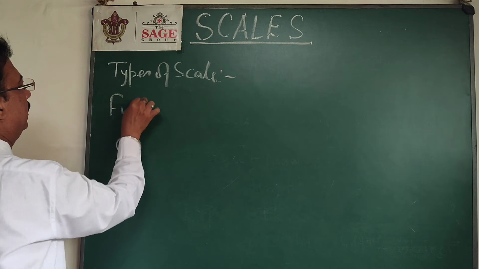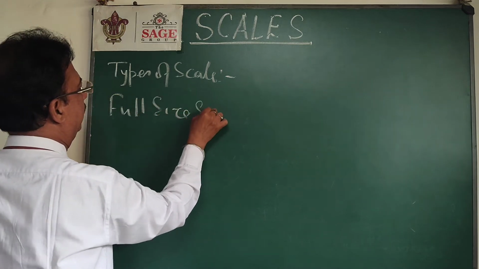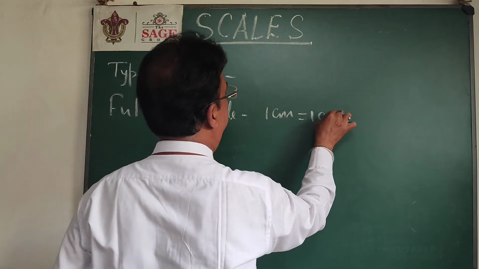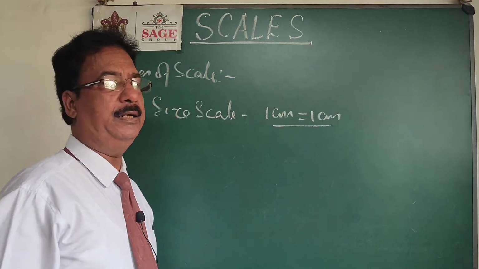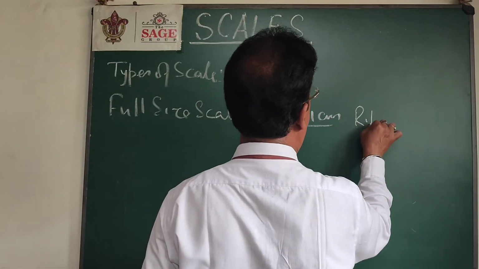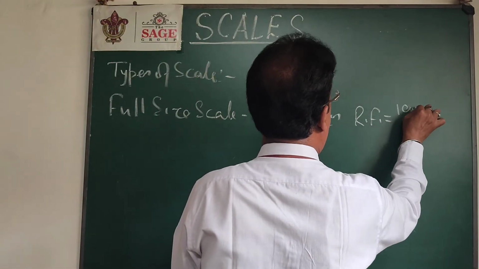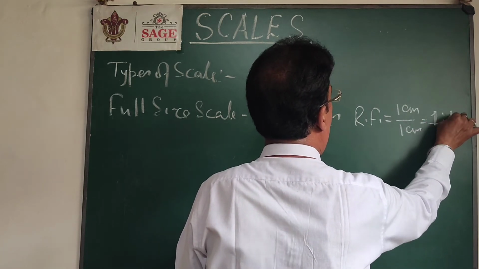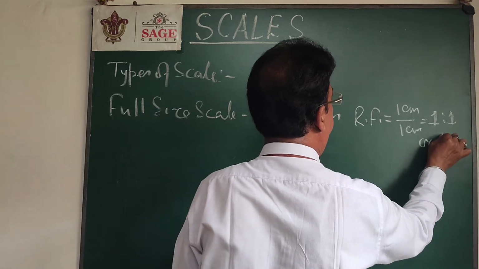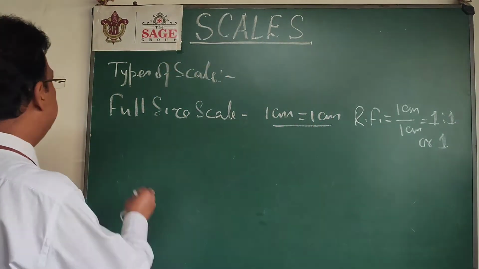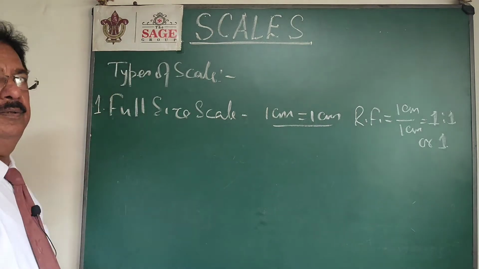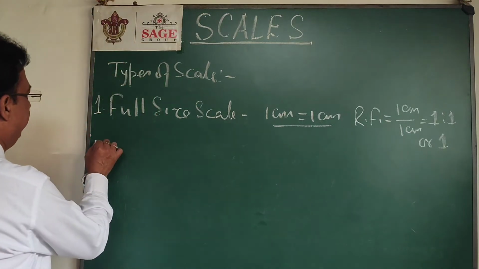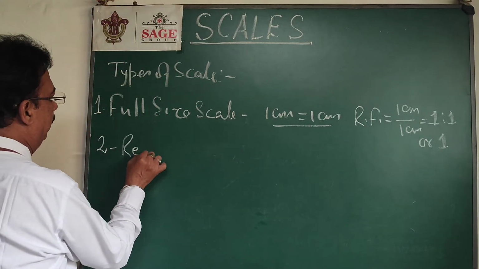For the full size scale, one example I have taken is 1 centimeter equals 1 centimeter. If I want to find the RF for this scale, then the RF is 1 centimeter divided by 1 centimeter. The centimeter cancels out, so that is 1:1, or you can say 1. So RF is 1:1 for the full size scale. Second will be our reducing scale, which we already discussed.